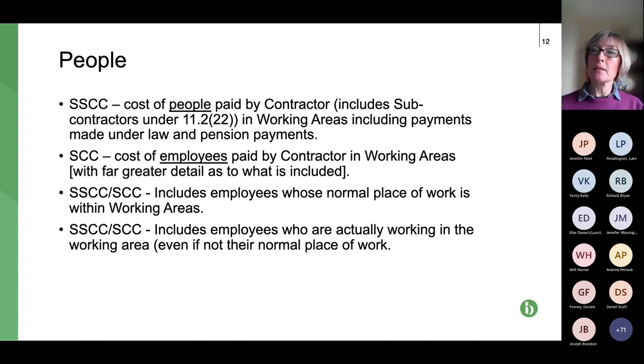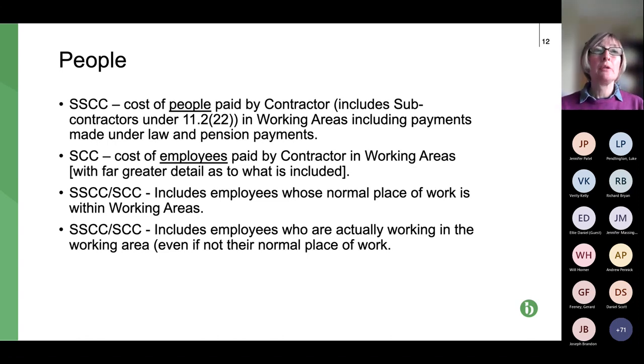Sometimes it's extended, if, say, site cabins are included outside the site, or if there are other areas. Sometimes contractors and subcontractors include their own offices, so that they can have people working on the project in their own offices, and it's counted as working area.